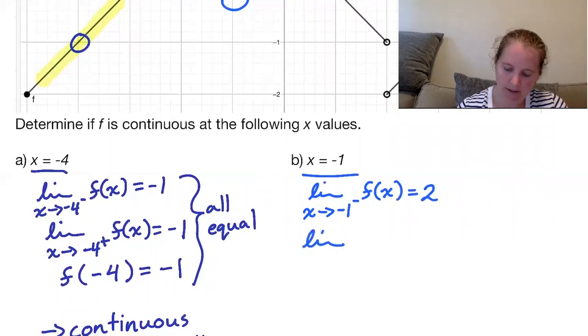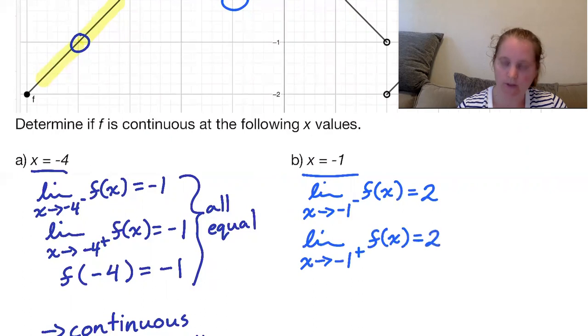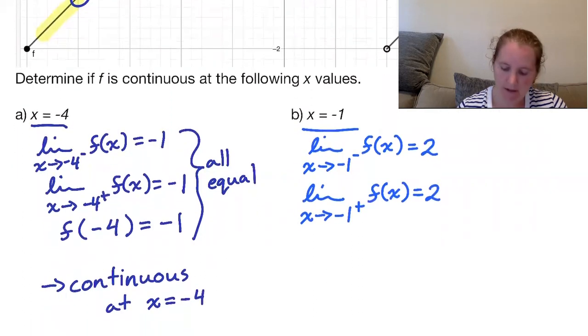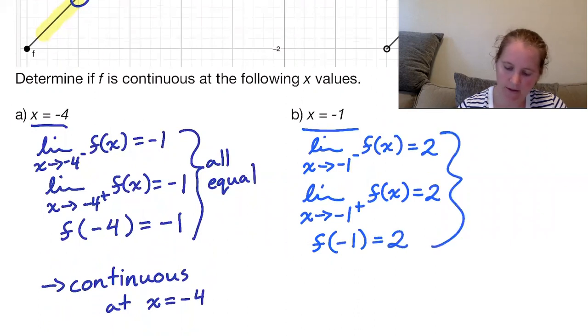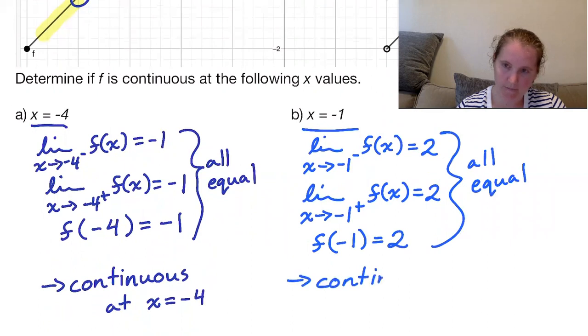The limit as x approaches -1 from the right of f of x is equal to 2. And f of -1 itself was also equal to 2. So once again, these are all equal. And so we are continuous at x equals -1.